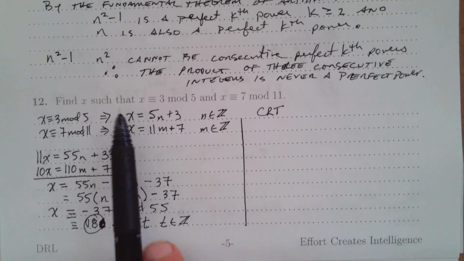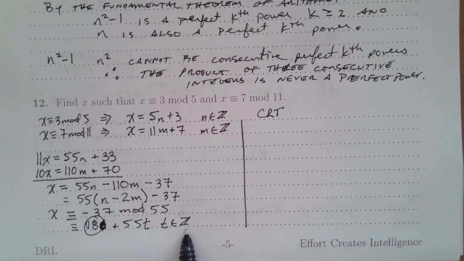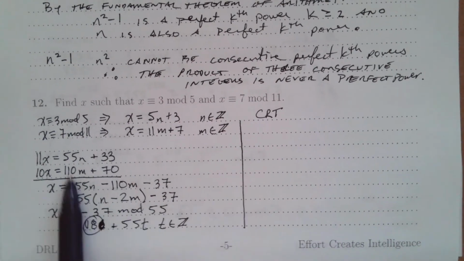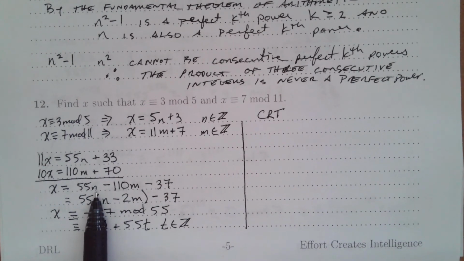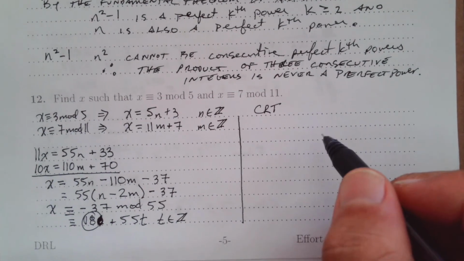All right, and now if I want the general solution, it's going to be 18 plus 55t, where t is an integer. Now, this involves some manipulation that you may think about, you may not think about. The Chinese remainder theorem is another way that we could approach this.